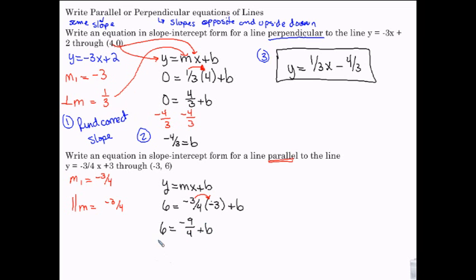To make it work, I'm going to make this 6 into 4ths. Whatever denominator you want, you multiply that times your whole number. So 24 over 4. So I'm going to take this 6 out and put 24 over 4 in. They're the same thing.